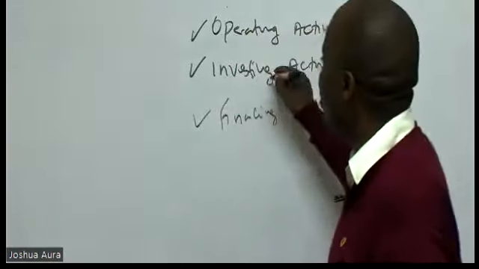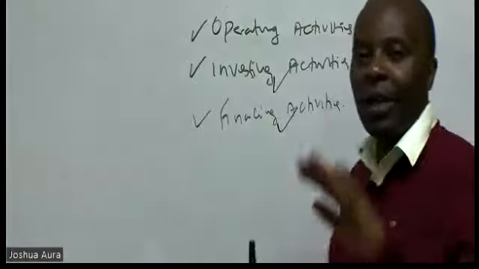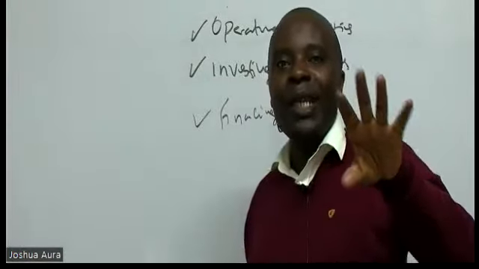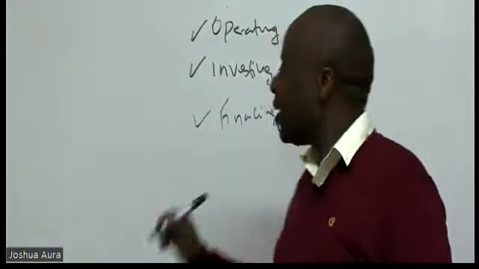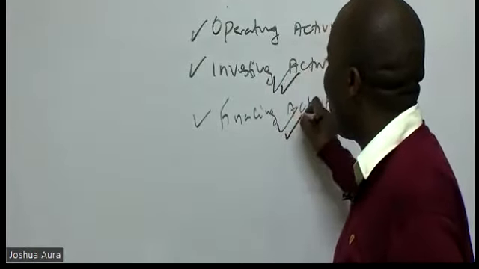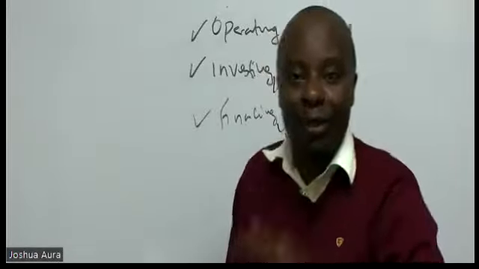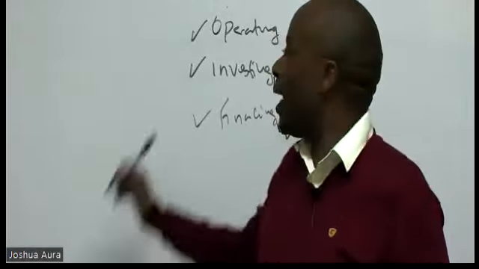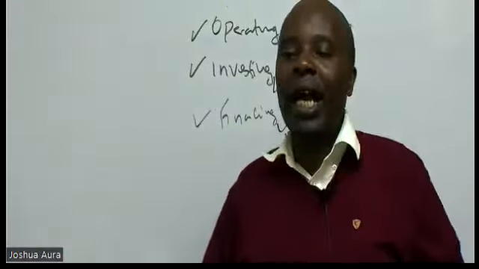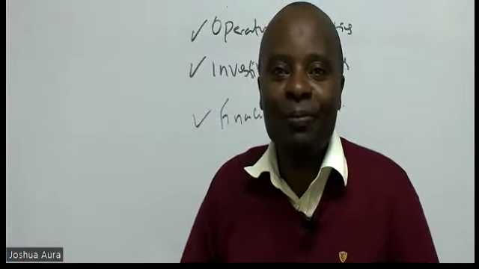Why? Because for these two sections it doesn't matter the method you use, they will always be the same. The only section which differs between the two methods is how you get the cash flow from operating activities.